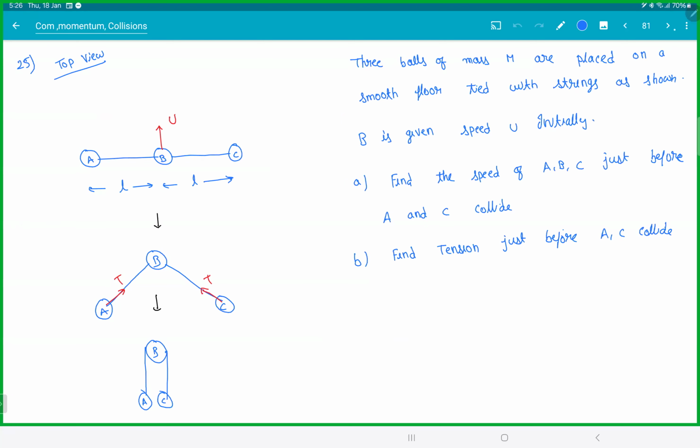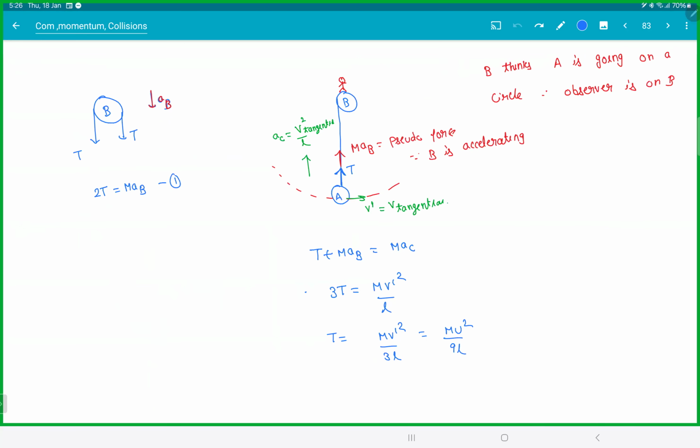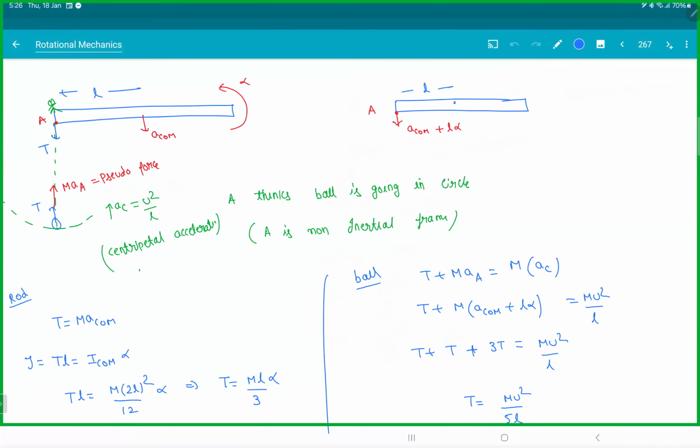Idea was the same. 25th question of this. This is what I was saying. Ideas do keep repeating. The only difference here was that the rod was rotating, so A plus L alpha came. But this concept of applying a centrifugal force and a pseudo force, we did this before. Please check it out. It's a pretty good one.